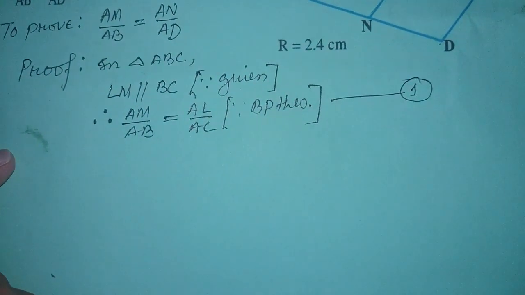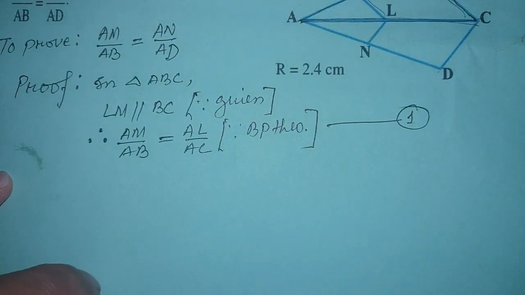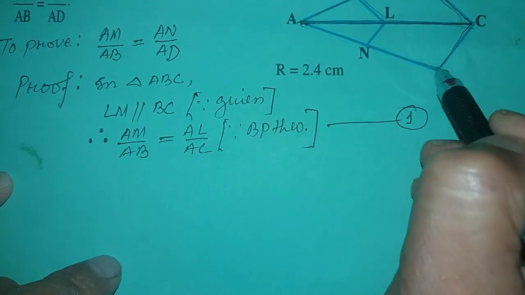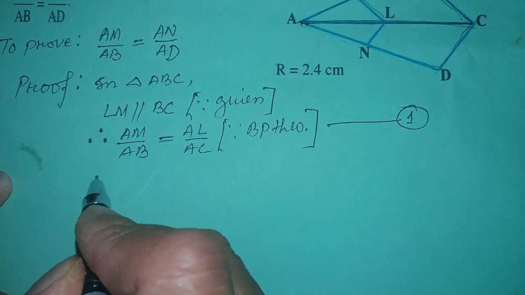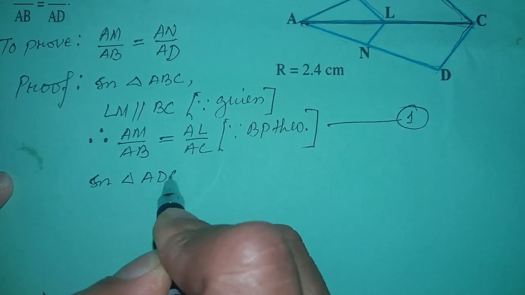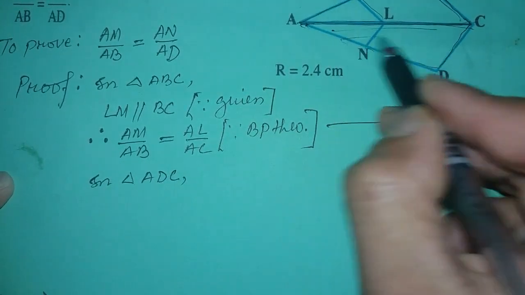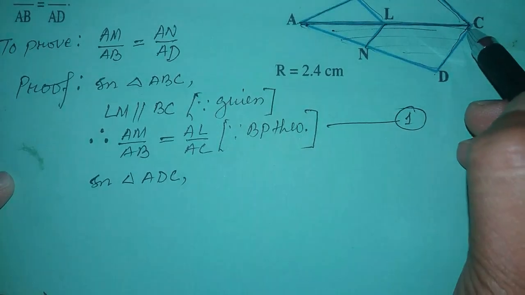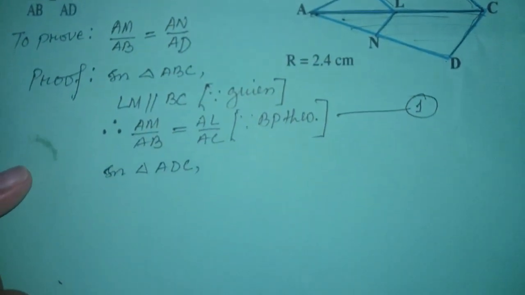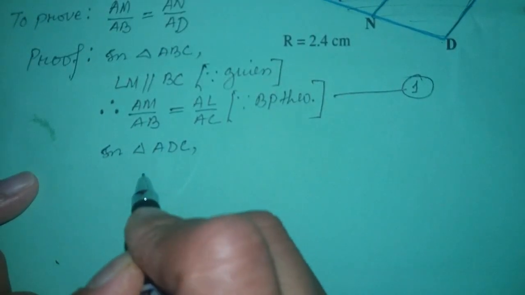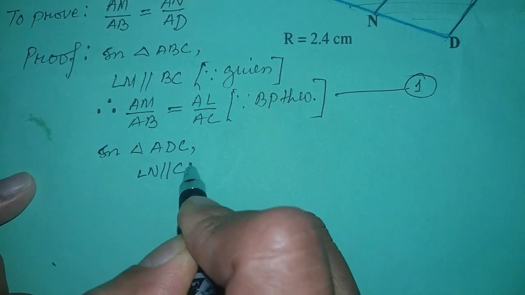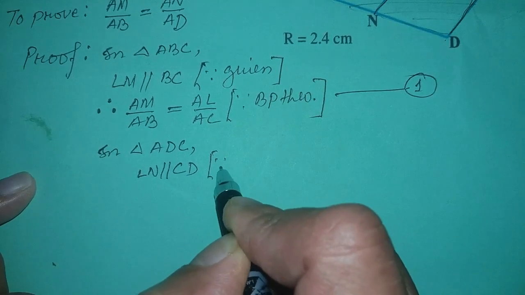Now again in the second triangle, that is this triangle ADC. Again in triangle ADC, these two are again parallel as given in the question. LN is parallel to CD. This is again given.